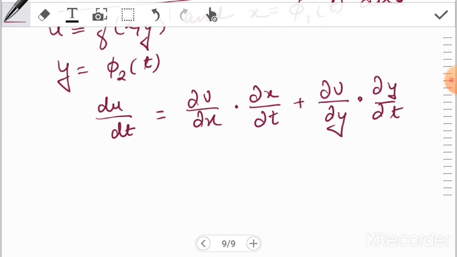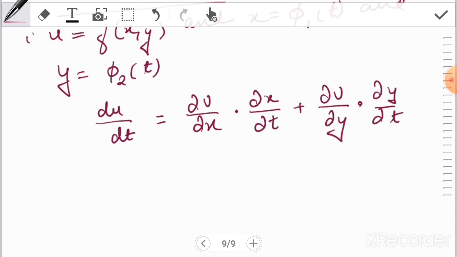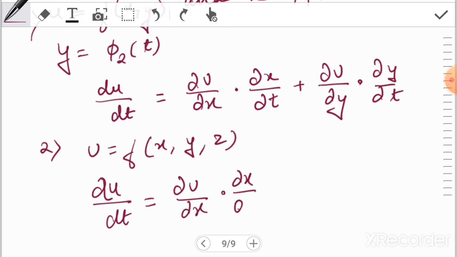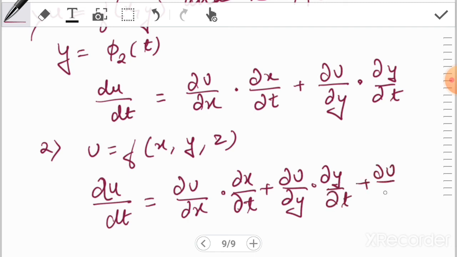So in the same way, if you have u is equal to f of x, y, z, and x, y, z are all functions of some variable t, then the total derivative du by dt is equal to del u by del x, dx by dt, plus del u by del y, dy by dt, plus del u by del z, dz by dt.